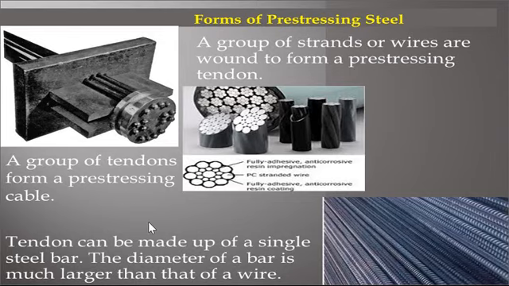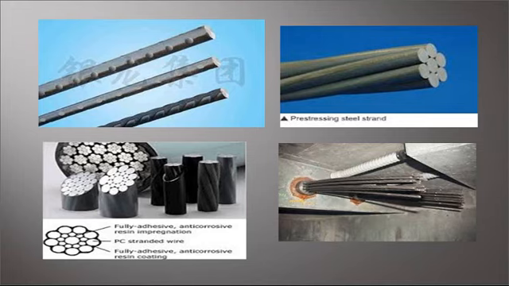If a number of tendons are provided in a group, then it is called a cable. A tendon can be made up of a single steel bar, or of wire. The diameter of a bar is much larger than a wire. So these are the different steels, the wires or high tension steel, used in pre-stressing.